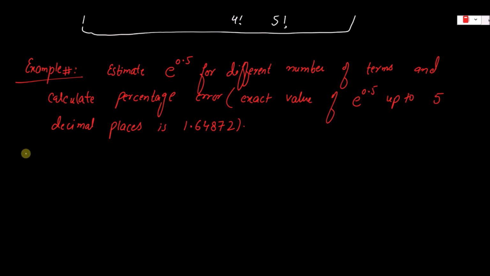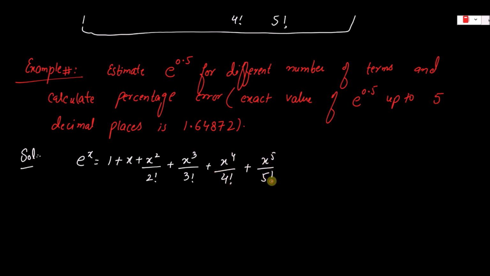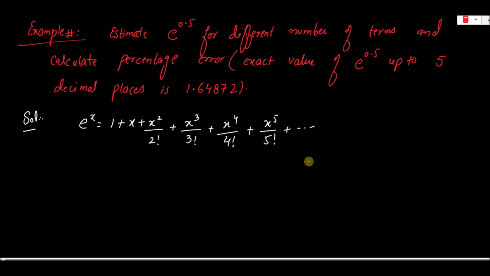For the first case, we have the Maclaurin series of e raised to the power x: 1 plus x plus x squared by 2 factorial plus x3 by 3 factorial plus x4 by 4 factorial plus x5 by 5 factorial and so on.